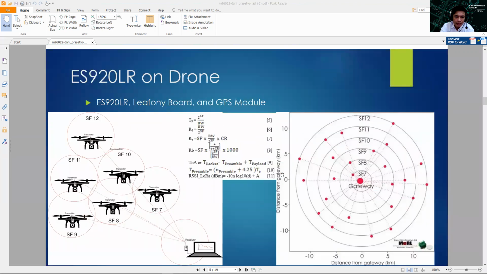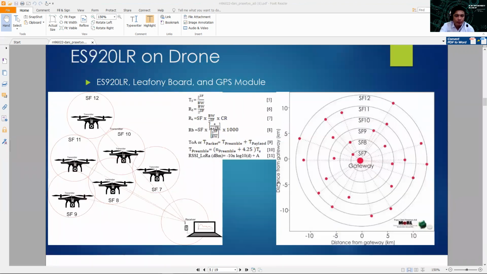And this is the approximation from our research, how to apply and create the application for a drone with different spreading factor, different bit rate and time on air.